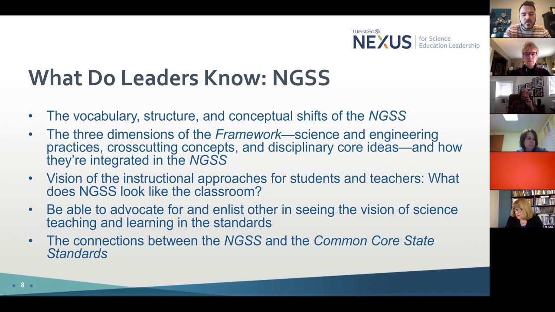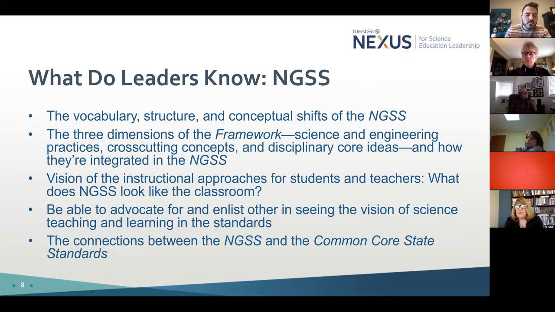I neglected to say that in the framework, besides laying out all of these areas of knowledge that we are supporting leaders of science to develop, we are also providing reflection questions for you to think about. Where are you relative to your understanding of each of these knowledge bases?